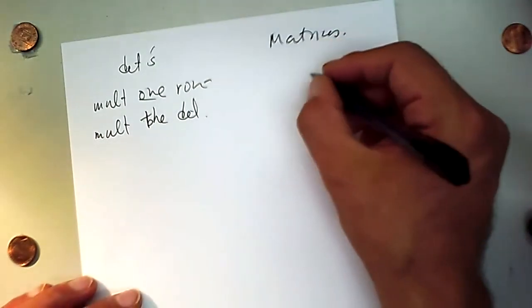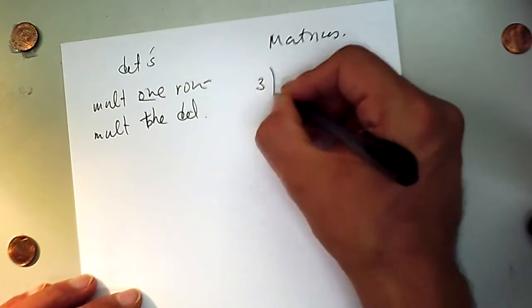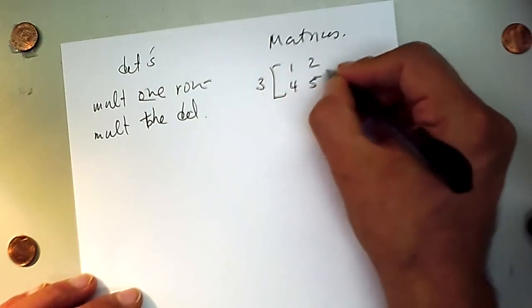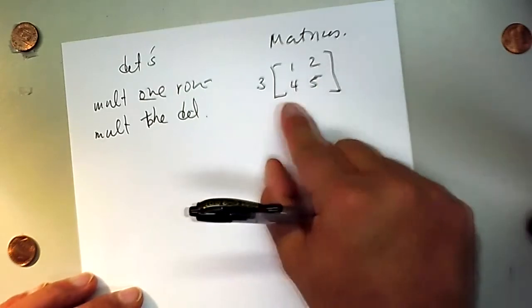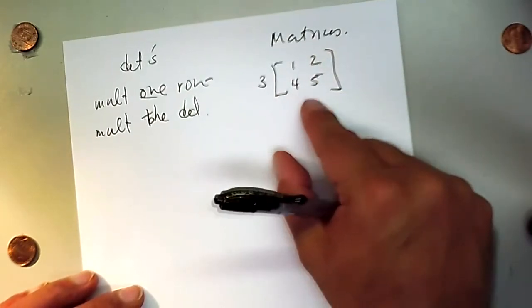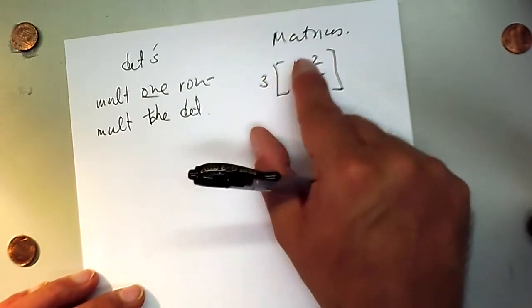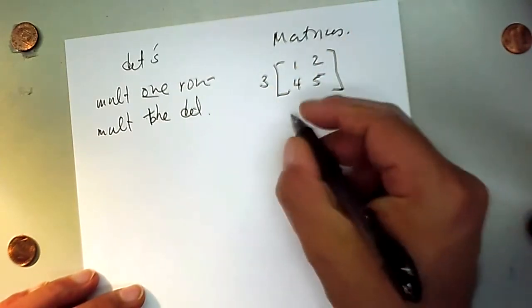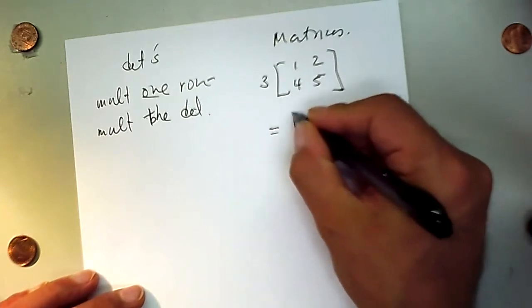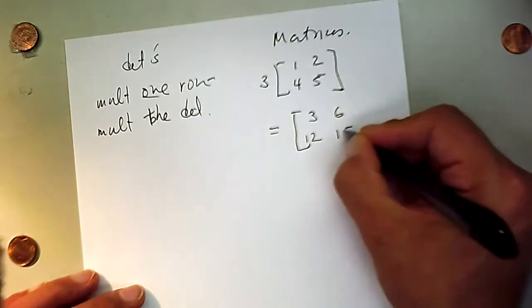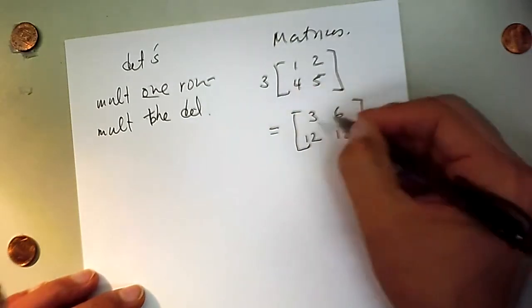Let me give you a quick example. Let's say you have 3 times the matrix 1, 2, 4, 5. This is a matrix. That's why I'm using those, not a determinant. When we multiply with 3, we got to multiply every element by 3. So this is equal to 3, 6, 12, 15 as a matrix.